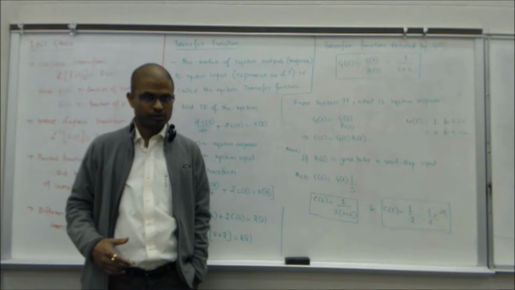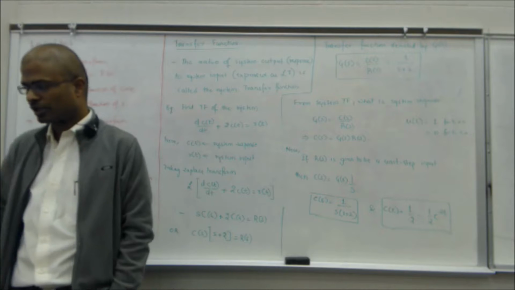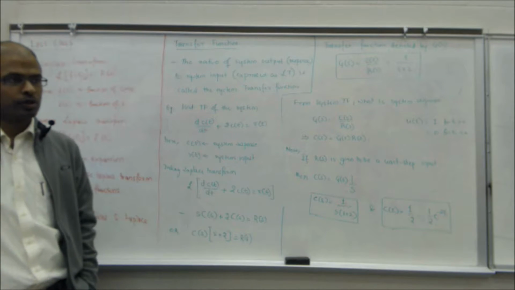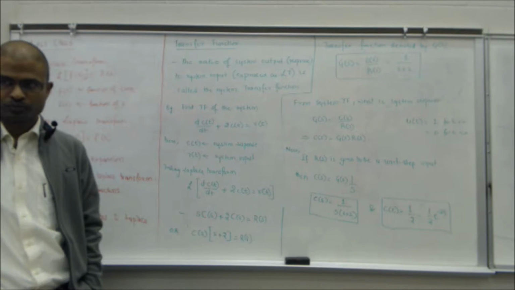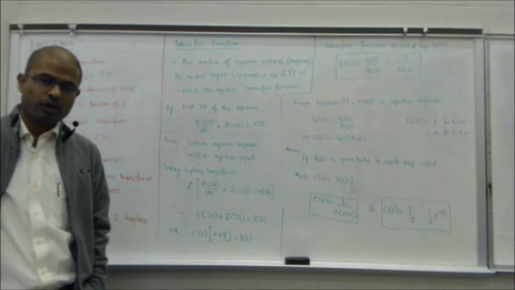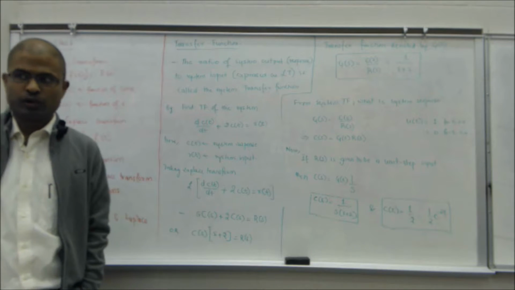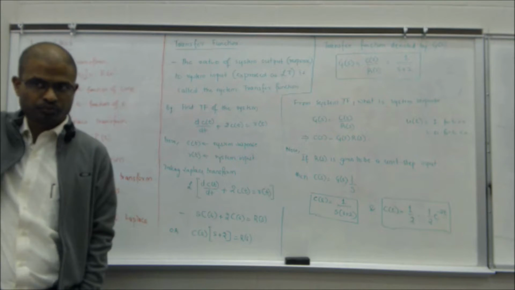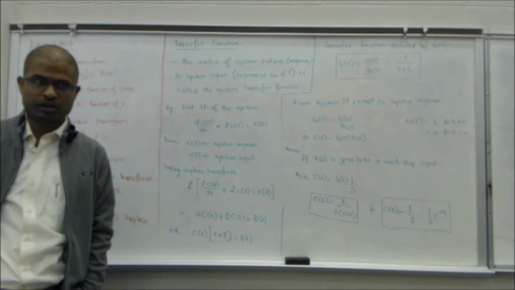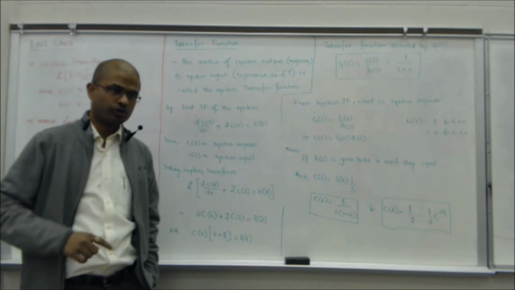Every object has a resonant frequency. What is resonant frequency? There is a natural frequency for every object, okay? And if you make that system vibrate at that frequency, it goes into resonance. It just becomes unstable, and will just go into unstable mode.